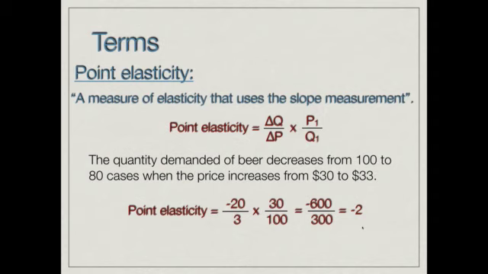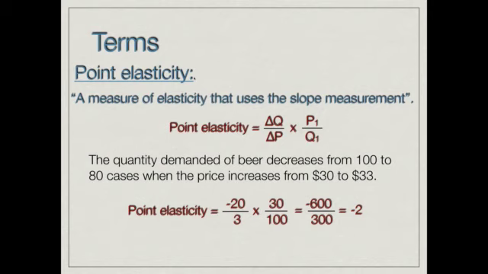Make sure you realize that you'll be asked for two different methods. You might be asked to use the percent change method, or you might be asked to use the point elasticity method. Remember there are two different methods, and realize that the point elasticity method does not suffer from the issue I talked about with the percent change method.